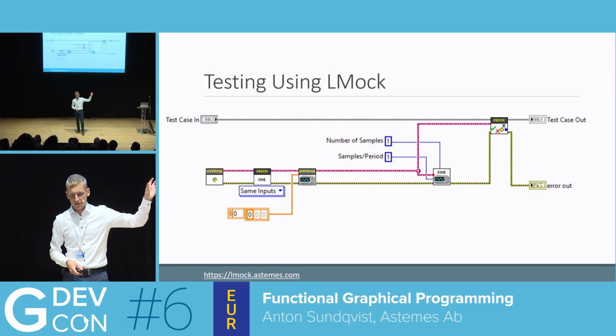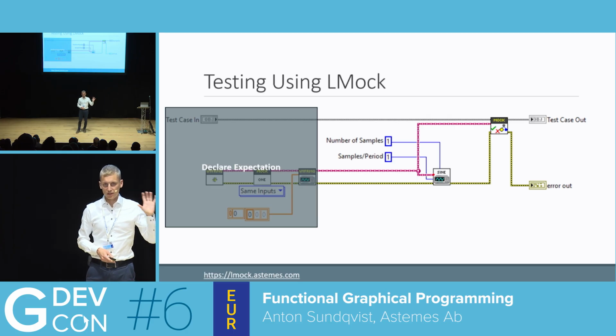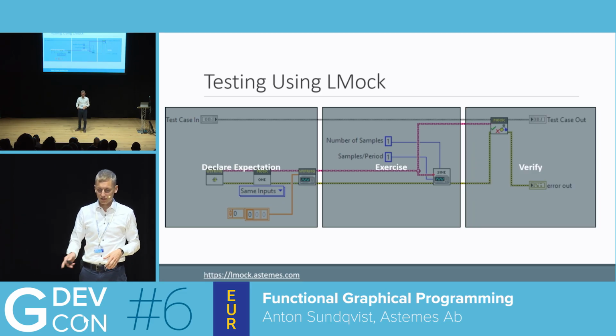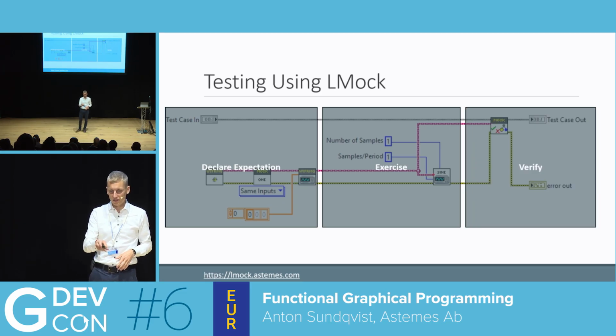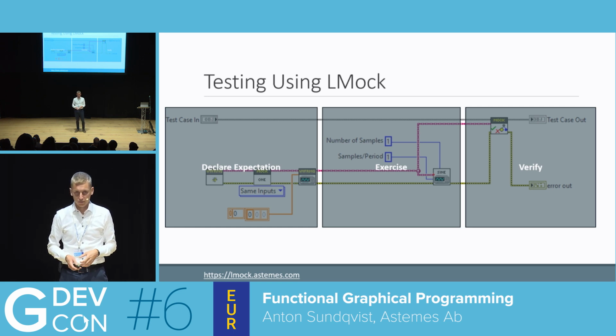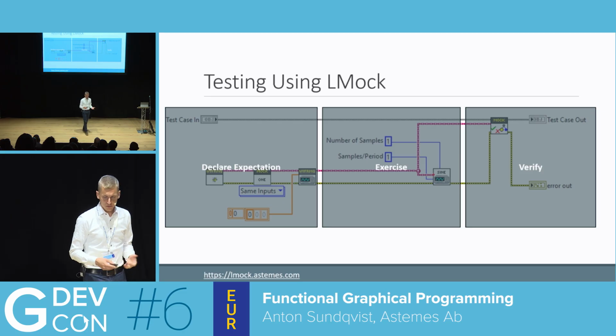We should read it as: during this test, we expect one of the following to happen with these exact inputs. So we declare expectations on the mock. Then we exercise the code under test, and then we verify. And as long as the exercise bit did the same calls that we declared in the beginning, the verification will pass, and we will get a passing test. So in this way, we can test it.